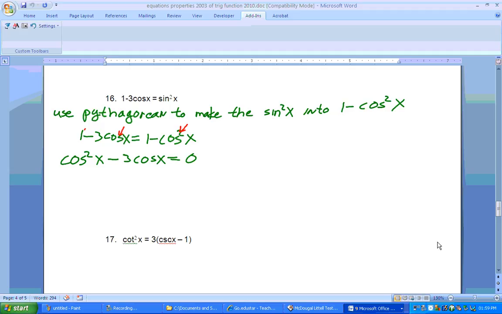Now, you could solve this with the quadratic equation, or you could factor. I think some of you didn't like the word factor, and we used the word undistribute. I noticed that there is a cosine here and here, so I could rewrite that.